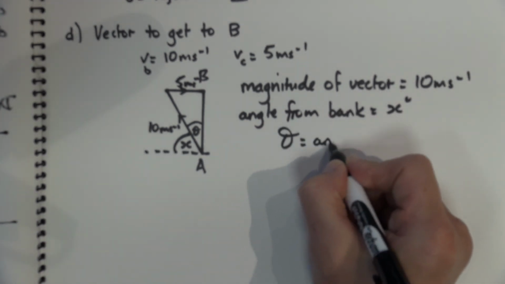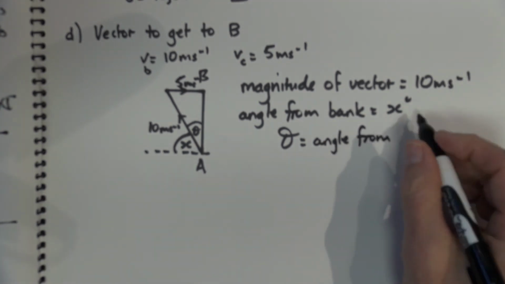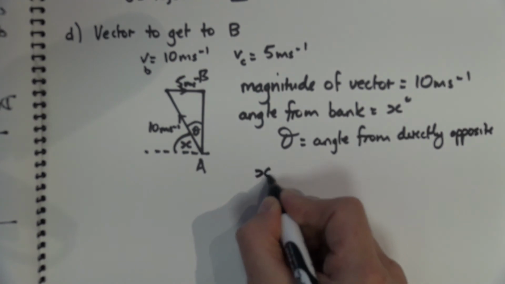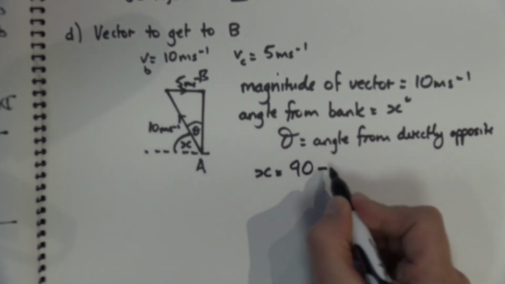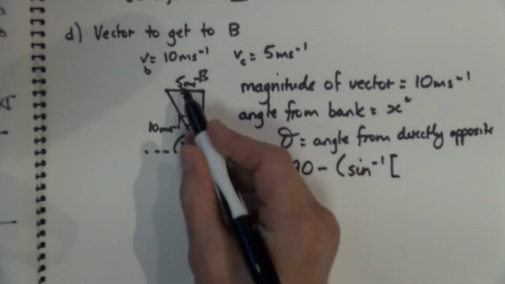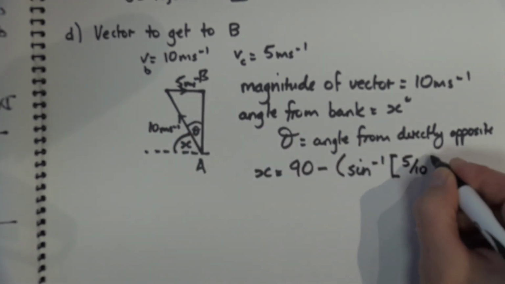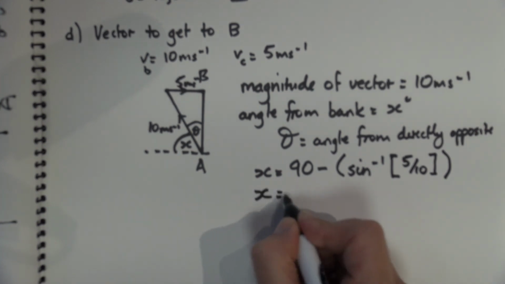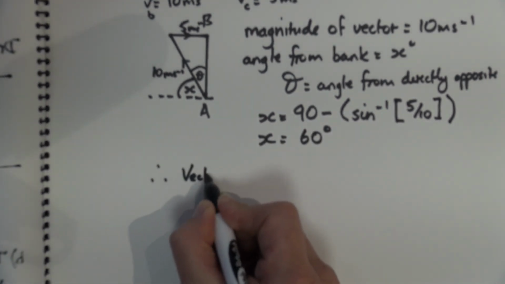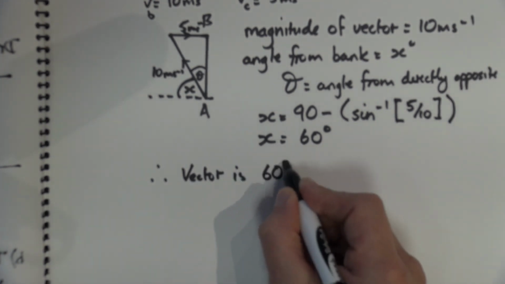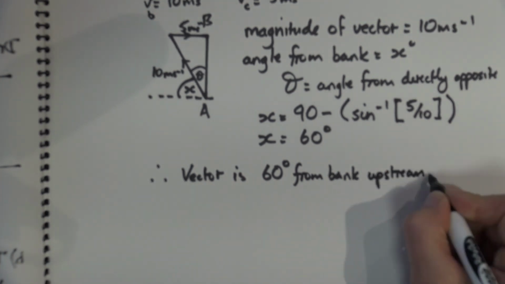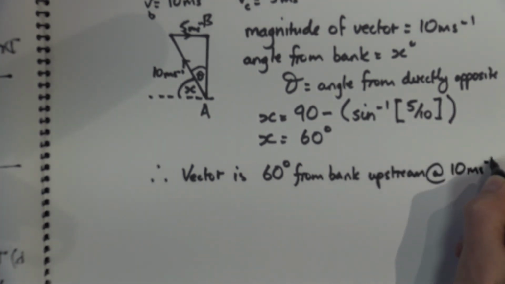Theta is the angle from the vertical, directly opposite. You can put any angle in there, but I'm going to use x, which is 90 minus, in this case, sine, because I've got the opposite over the hypotenuse, 5 over 10, which is going to give me 60 degrees. So the vector I'm going to have to make is going to be at 10 meters per second, 60 degrees from the bank upstream. So I hope that makes sense.